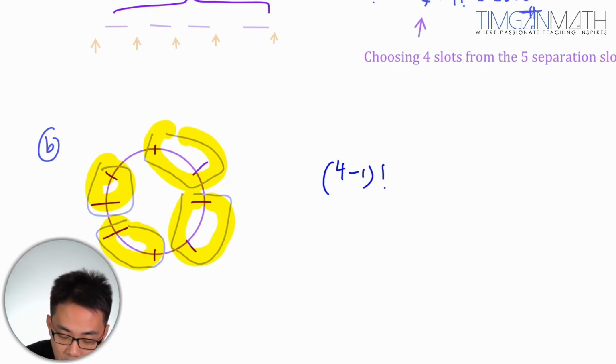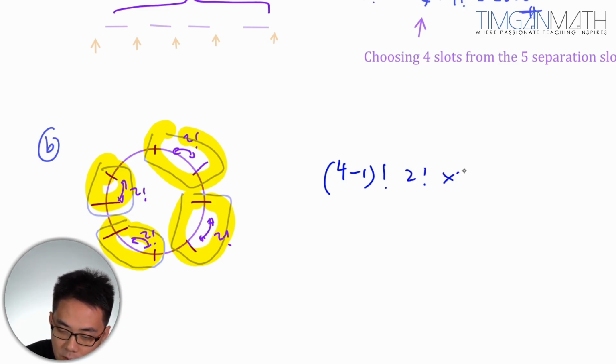After which each couple, each husband and wife, could swap seats. So among them, you multiply by 2 factorial times 2 factorial times 2 factorial times 2 factorial. Okay, so this is pretty okay, I think.